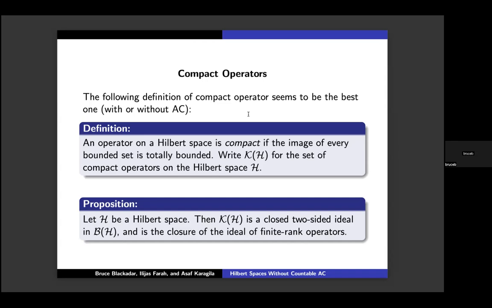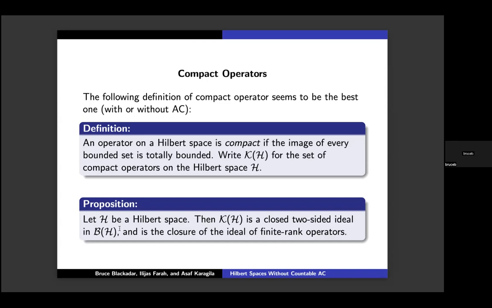This definition is good because you can easily prove from this the basic properties that the compact operators K of H have without using any form of choice. You can show that K of H is a closed two-sided ideal in B of H, and it's the closure of the finite rank operators.